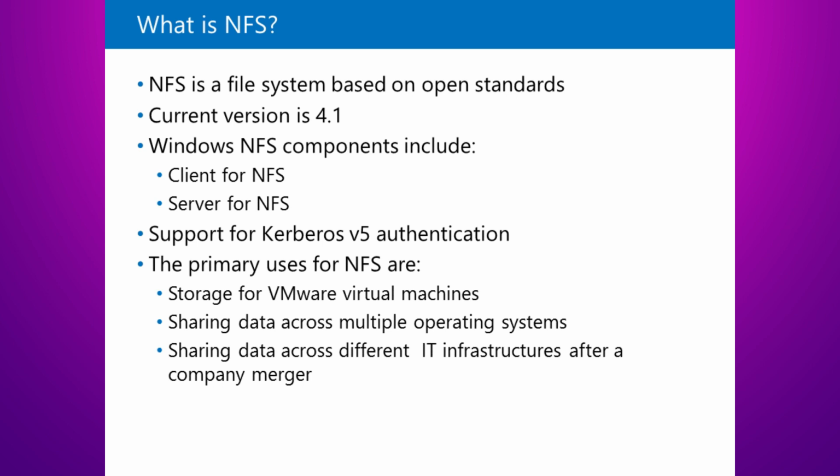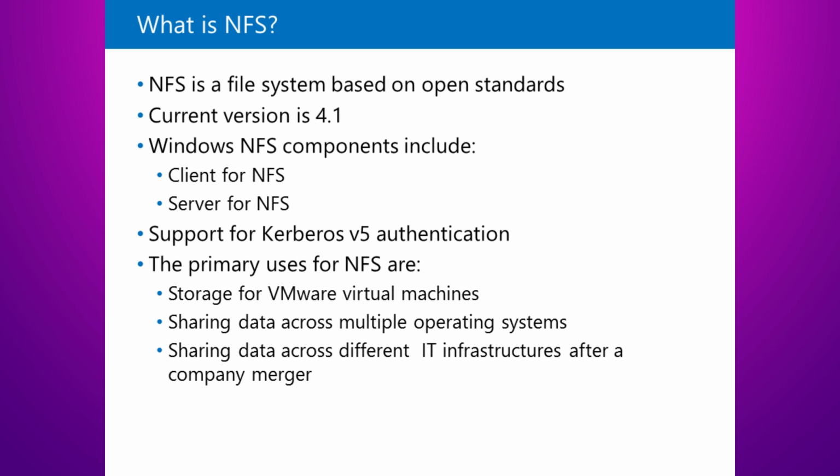The NFS version 2. Request for Comments, RFC, 1094, NFS, Network File System Protocol Specification, defines version 2. This version focused on improving performance. There is a file size limit of 2 GB because it was a 32-bit implementation. The NFS version 3.